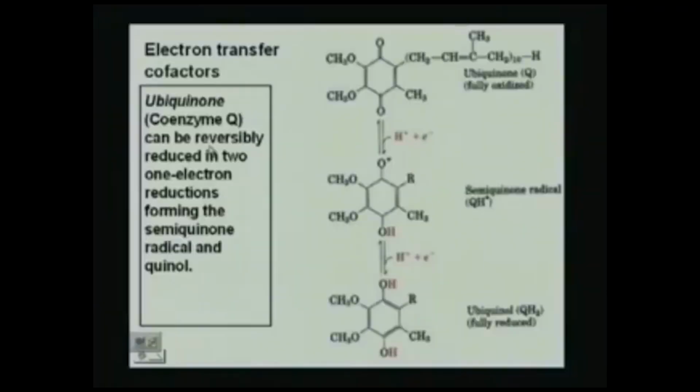From the matrix space to the intermembrane space. Okay. So, we have coenzyme Q or ubiquinone, or just Q, as I said. This can be reversibly reduced in 2 one-electron reductions, forming the semiquinone radical and finally the quinol. Okay. So, that is where its importance lies.